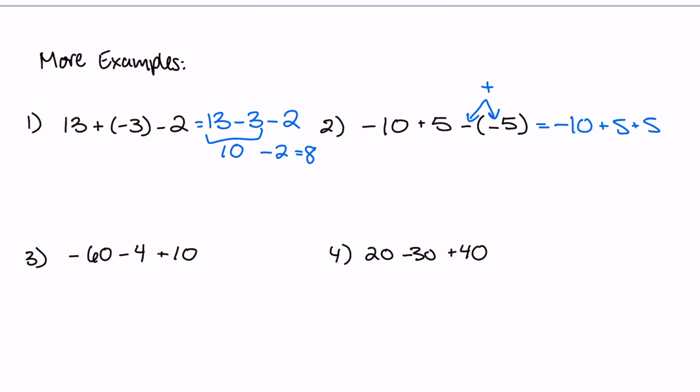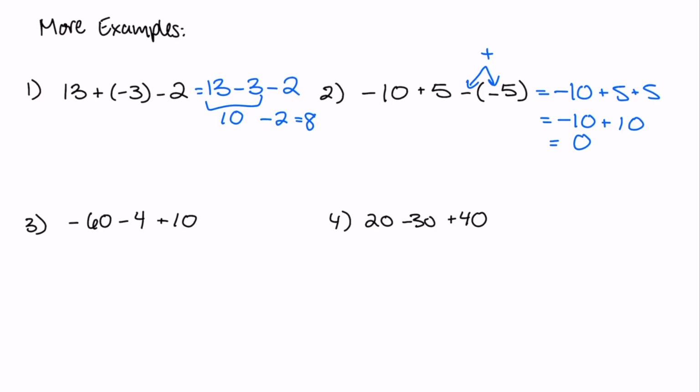So I'm going to add these positive 5's together first. So then we get -10 plus 10. And -10 plus 10 is the same thing as 10 minus 10. So we're going to get 0. So our answer for question 2 is 0.